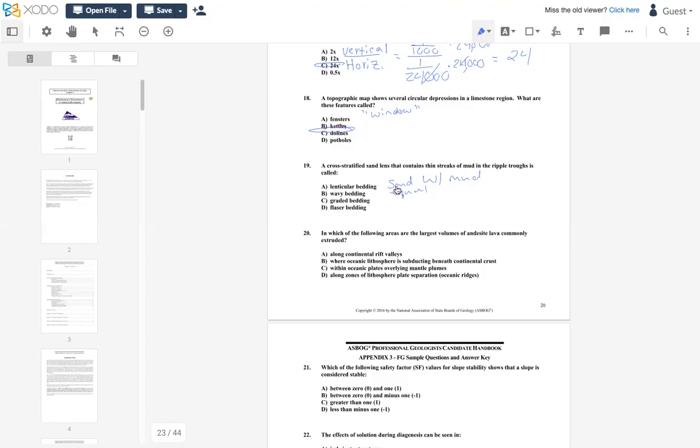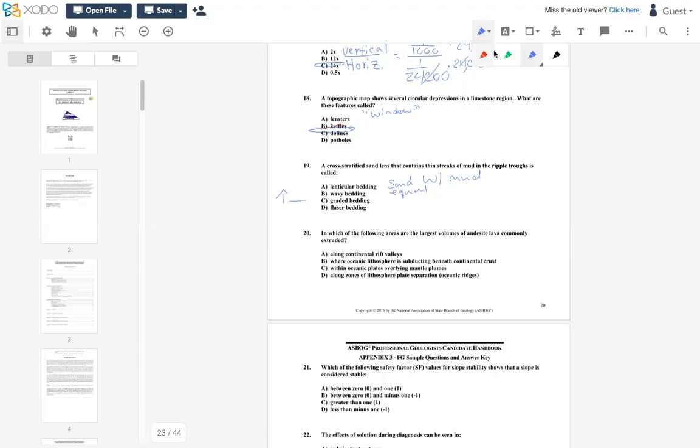Graded bedding is not related to either of these other two beddings. Graded bedding is referring to an increase or a decrease in grain size from the base up. It's like a fining upward sequence or something like that.